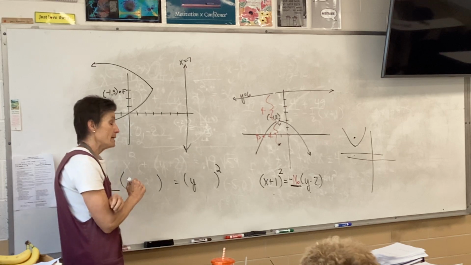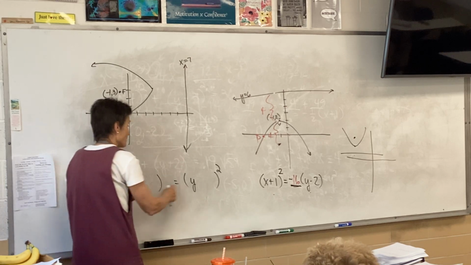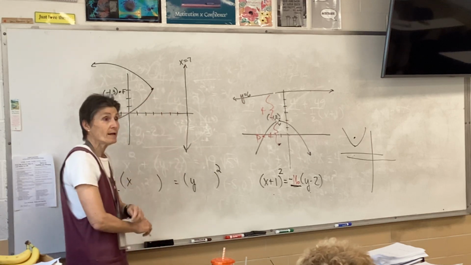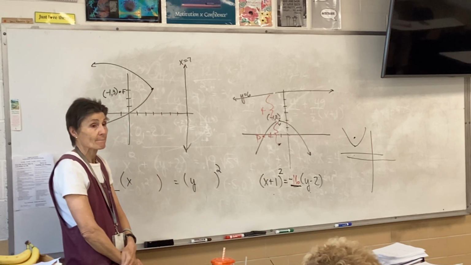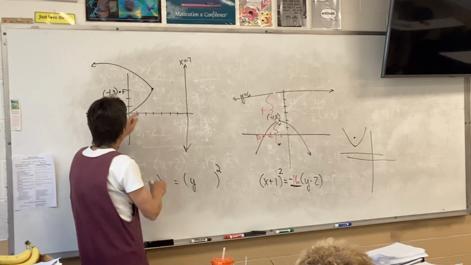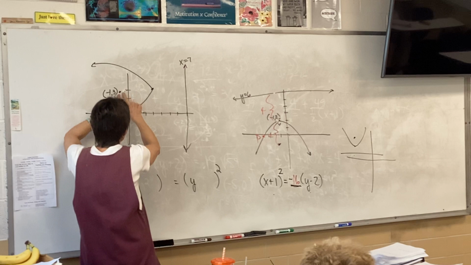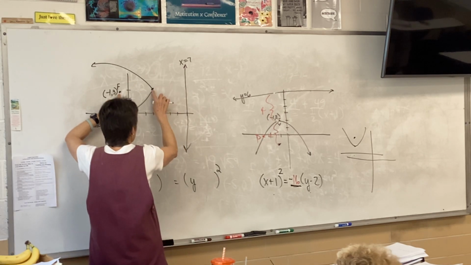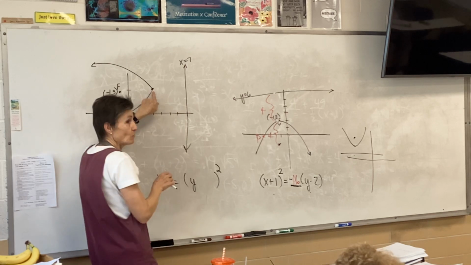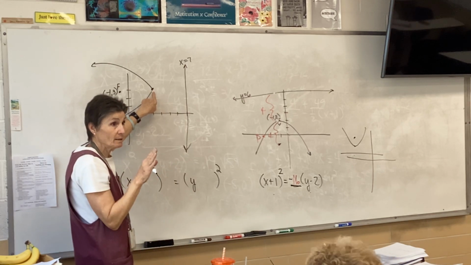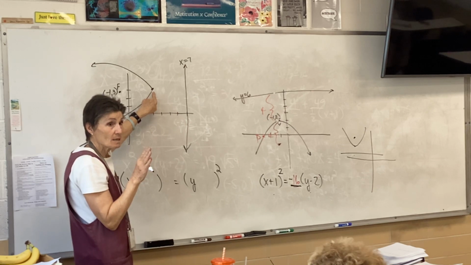Now, in order to fill in the parentheses, I need to know the vertex, right? What is the relationship between the focus, the directrix, and the vertex? Where's the vertex going to be located? Right in the middle?